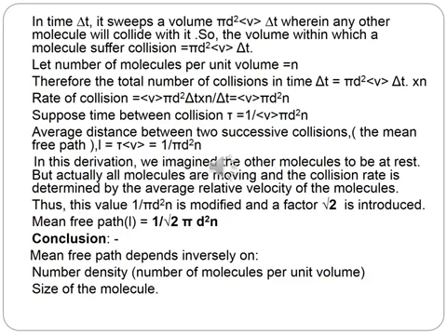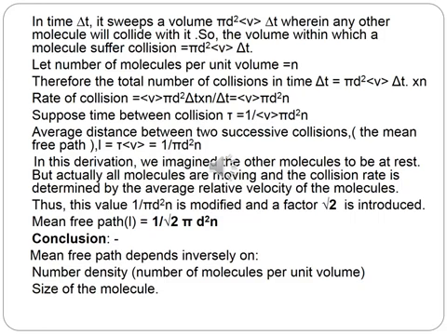In this derivation, we imagined the other molecules to be at rest. But actually, all molecules are moving and the collision rate is determined by the average relative velocity of the molecules. Thus, this value 1 by pi d square n should be modified and a factor root 2 is introduced.